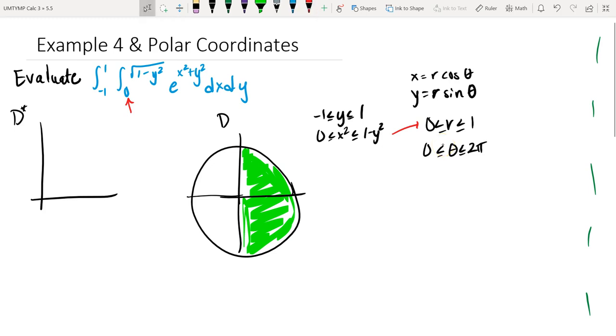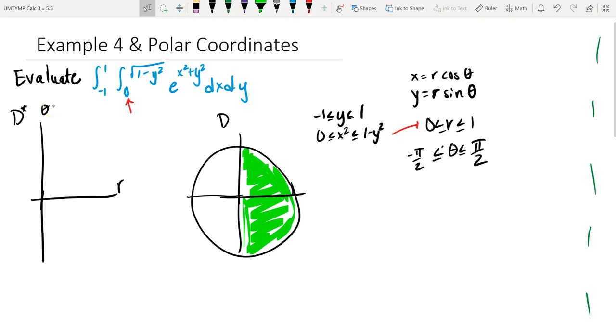So r can still be between 0 and 1, that's fine. But the theta, the angle that we're looking at, is no longer between 0 and 2 pi. It's actually between negative pi by 2 and pi by 2 to account for that restricted area. Now, if we look at different axes, in D star world, we're looking at an r and theta axis.